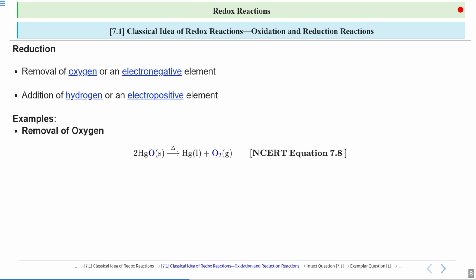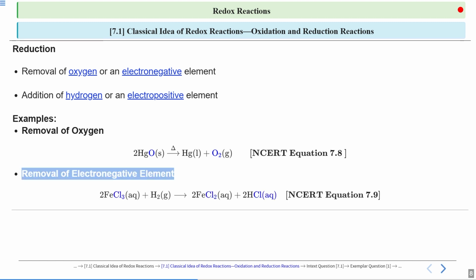While if you look at the removal of an electronegative element, in the reactant there is FeCl3 reacting with H2 producing FeCl2 plus HCl. So you will find that in the reactant, FeCl3, there are 3 chlorine atoms, while in the product FeCl2 there are only 2 chlorine atoms.